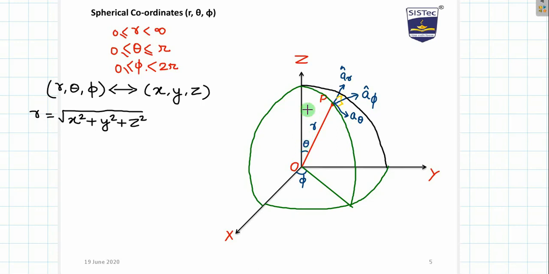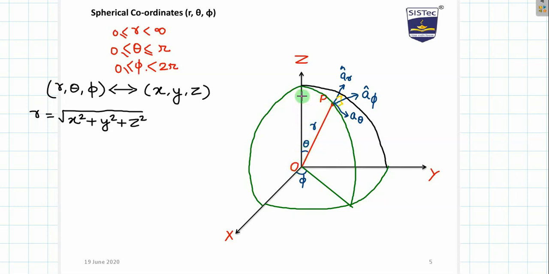Tan theta with respect to this theta will be the perpendicular upon the base. This perpendicular is root over x square plus y square, since this is the xy plane, and upon this one is your z.